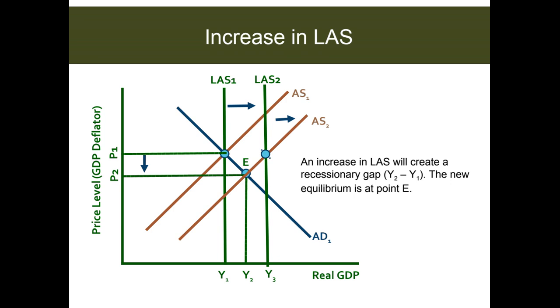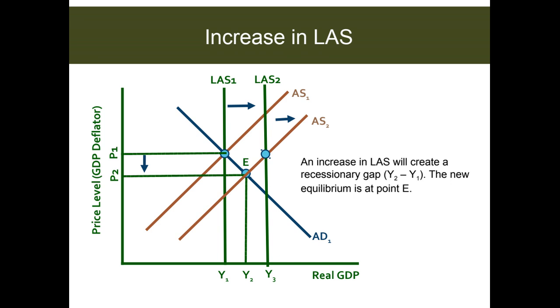And look at these two horizontal blue lines. So I have shifted the AS and LAS curves in such a way that the distance between these two curves is the same. So when I shifted the AS curve to the right as well as the LAS curve, notice the new equilibrium.